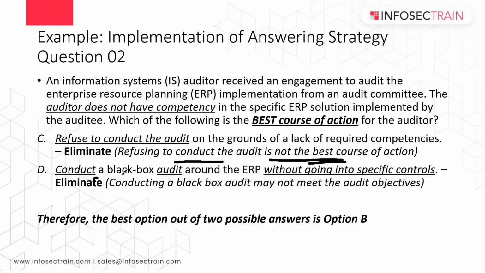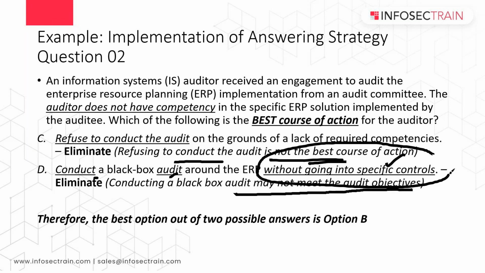Conducting an audit without going into specific controls is against the ethics of audits because you may not be able to meet the audit objectives if you are not going into specific controls. So in this scenario, the best option out of the two possible answers, A and B, is option B. And hence we choose that option as the right answer.